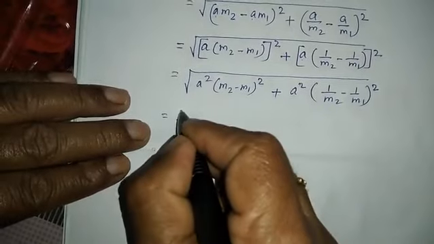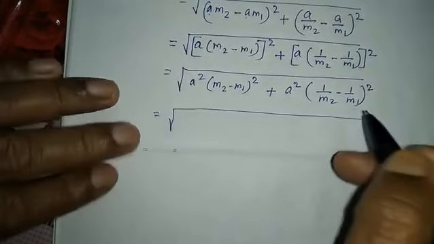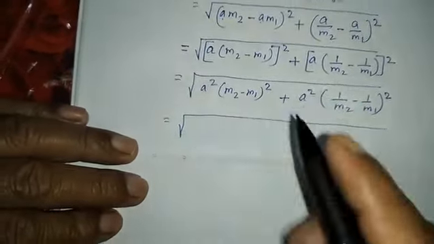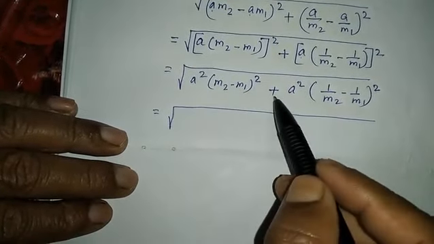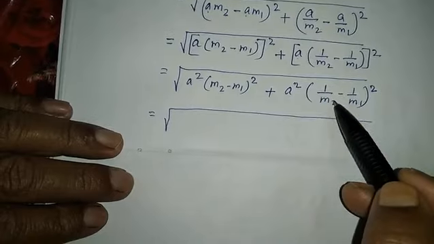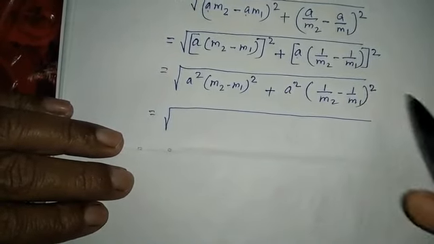That's equal to, now look at, there we have 2 terms under the root, a square (m2 minus m1) all square plus a square (1/m2 minus 1/m1) all square.